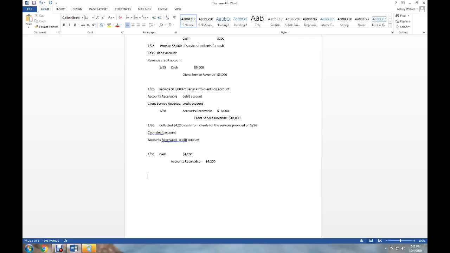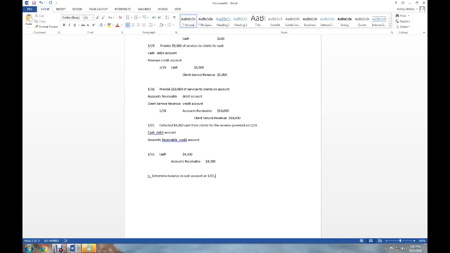So now, if we look at brief exercise 3.3 at the bottom, part B wants us to determine the balance in the cash account on January 31st.